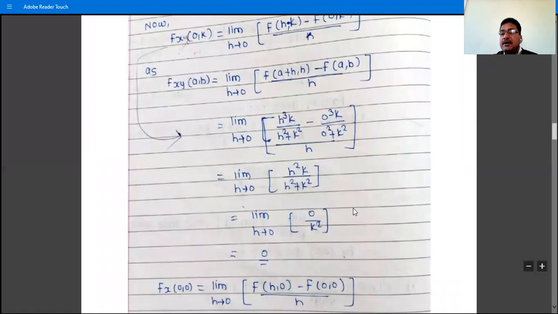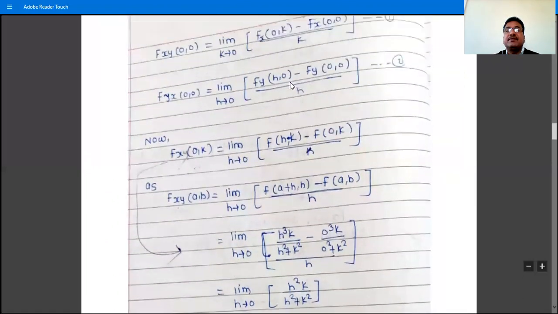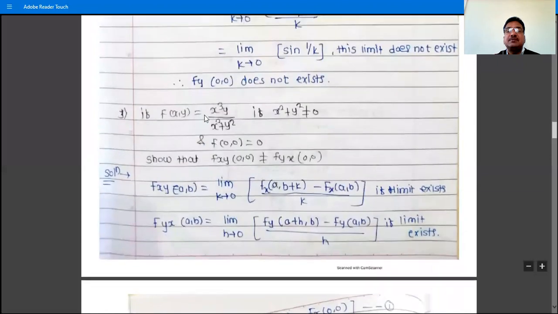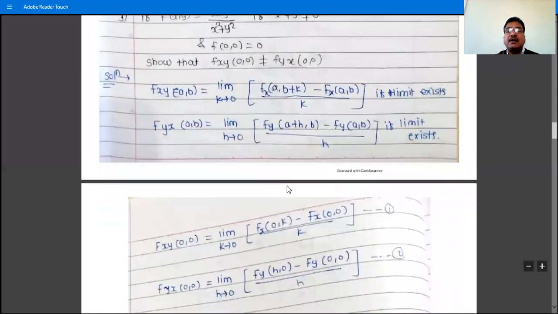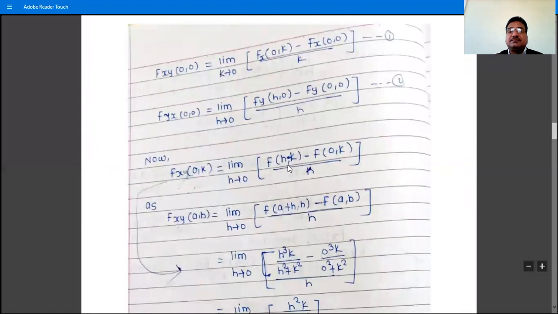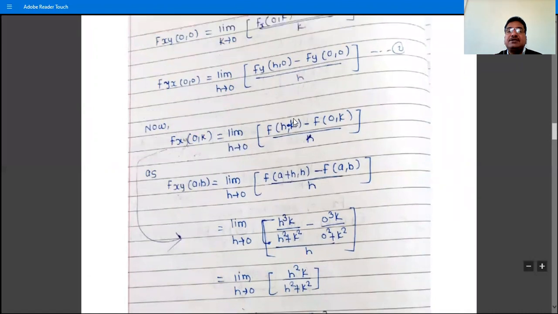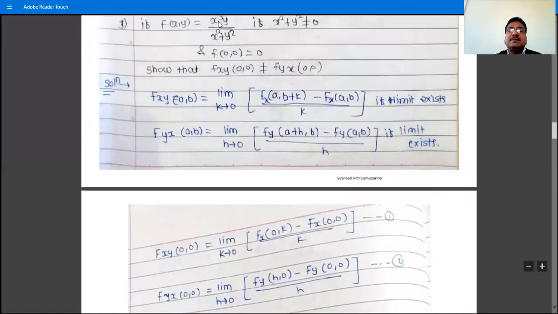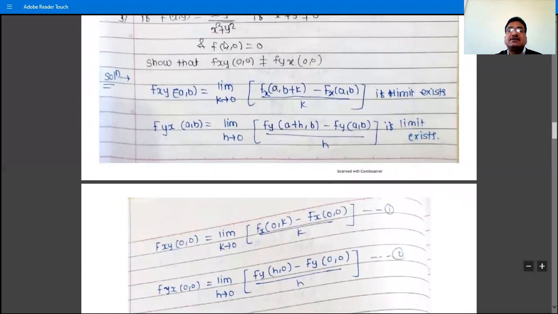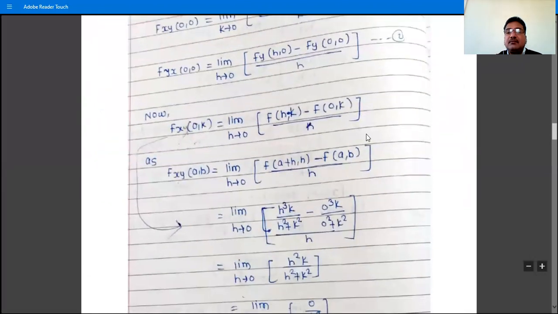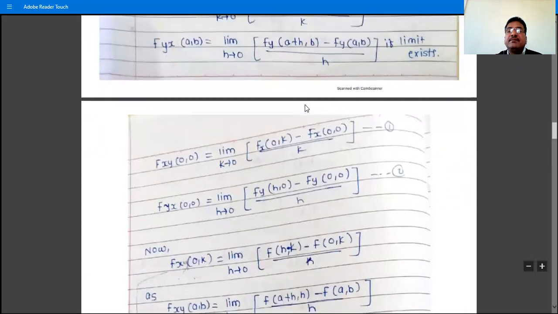Then it is equal to the limit as h tends to 0 of f(h,k) minus f(0,k) over h. Use this definition and substitute x as h, y as k. What is the value of f(0,k)?